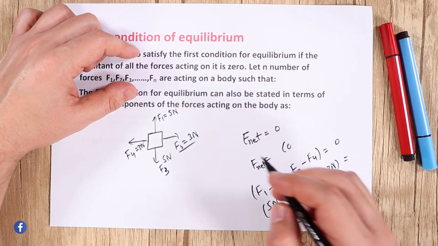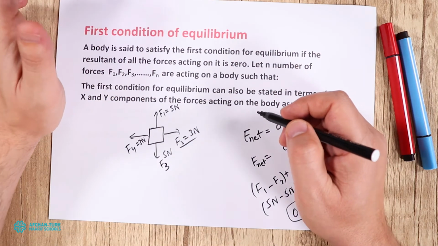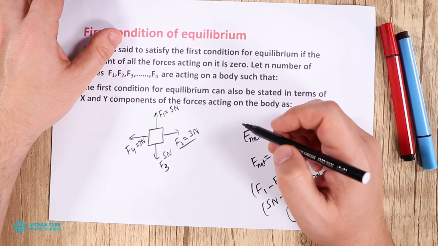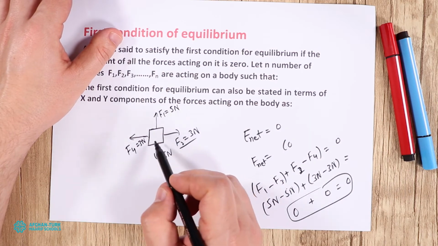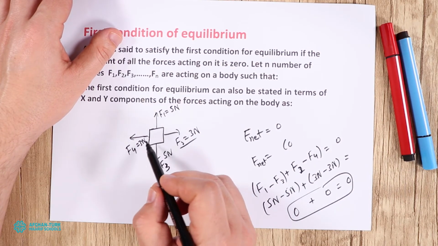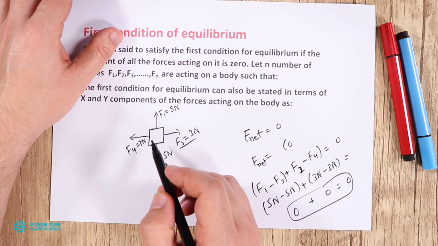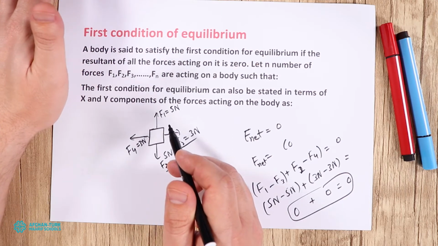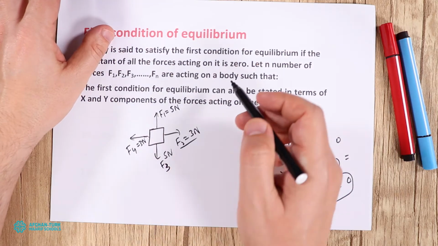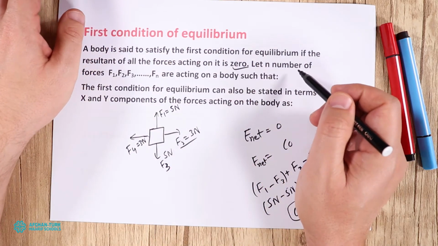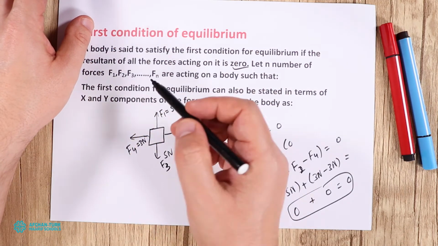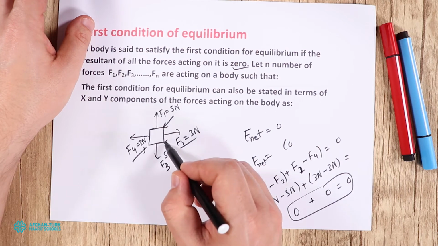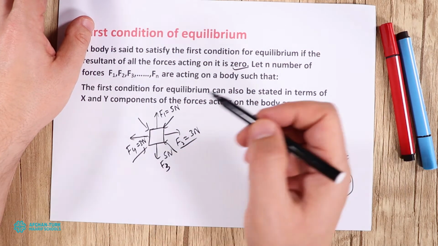So we can say that the sum of all the forces acting on the object along the axis directions, this is the horizontal side where the forces are applied on this object, and this is the vertical direction, is 0.